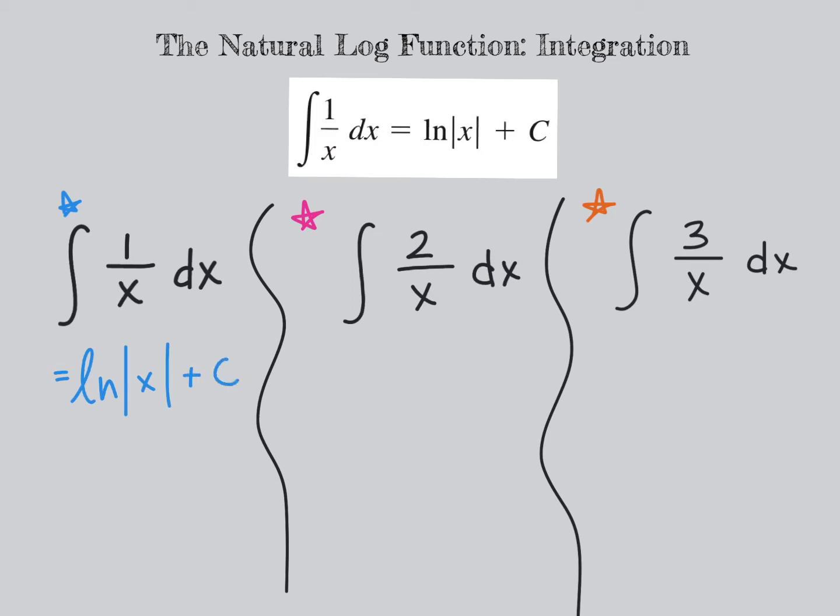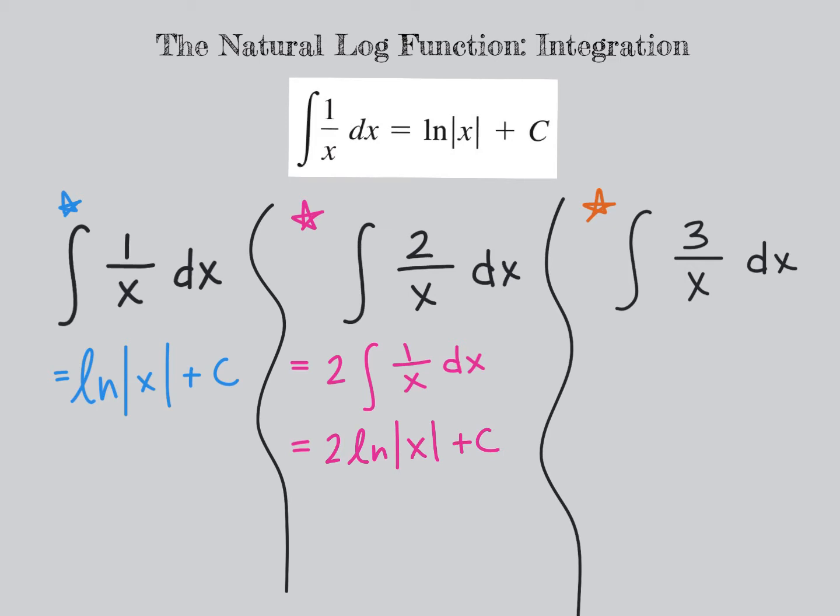In our second example here with the pink star, we see that we have something very similar, but I'm just going to rewrite this before integrating. We can bring that 2 out front, and then we can see that it's 2 times the integral of 1 over x dx. Well, that's clearly going to be 2 times this natural log of the absolute value of x. So 2 times ln of the absolute value of x plus c.